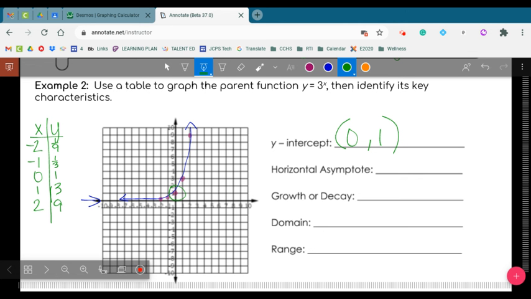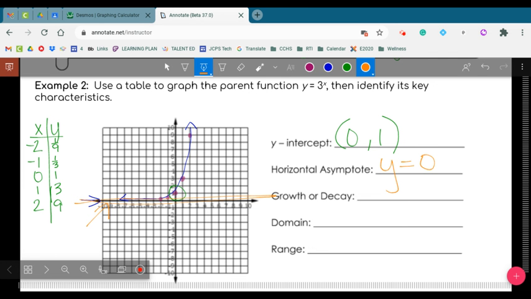Our horizontal asymptote is basically what line does it get super close to, but it never crosses. So like this one, it gets super, super close to y equals 0, but it never goes below it. It just grazes this line right here. So our horizontal asymptote is y equals 0.